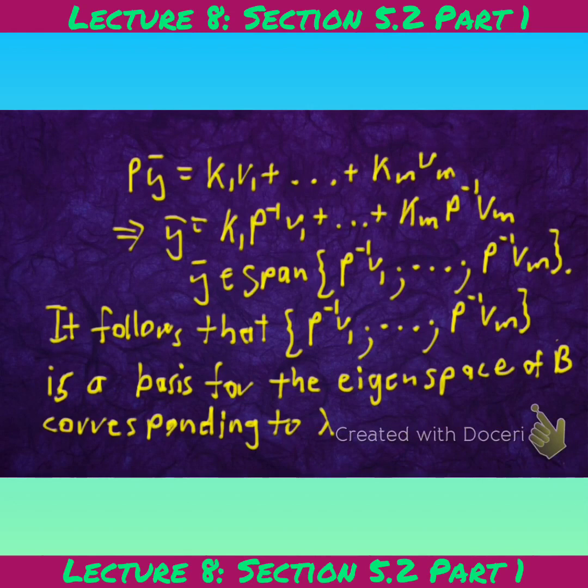So it follows that this set here forms a basis for the eigenspace of B corresponding to lambda. And what is the dimension of the eigenspace of B corresponding to lambda? It is m, so the m such vectors.